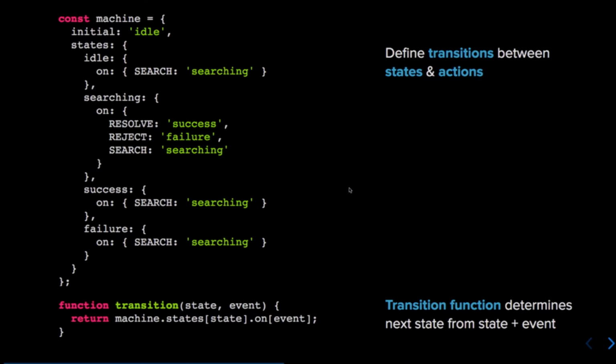And so the state machine that I envision looks sort of like this. It's a JSON object, and I like JSON better than just black box functions, just because you could enumerate all the possible states, all the possible actions, and be able to transition from one to the other with a nice, simple function right here. So for example, if we're in the searching state and I get a resolve, then I just look it up in this JSON object.